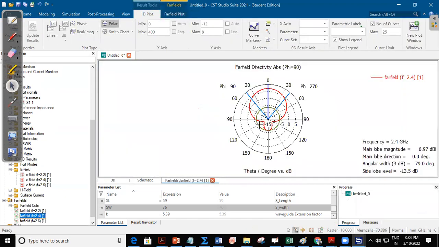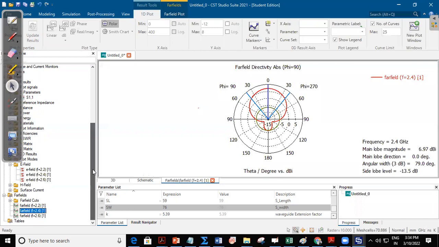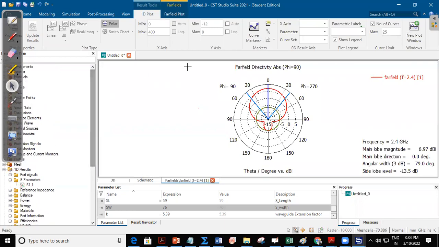This is the radiation pattern. You can see the actual pattern of this. We can calculate this directivity, which is around 90-degree angular lobe. Side lobe, we can check it here as a result. So this is how we simulate a rectangular patch antenna.